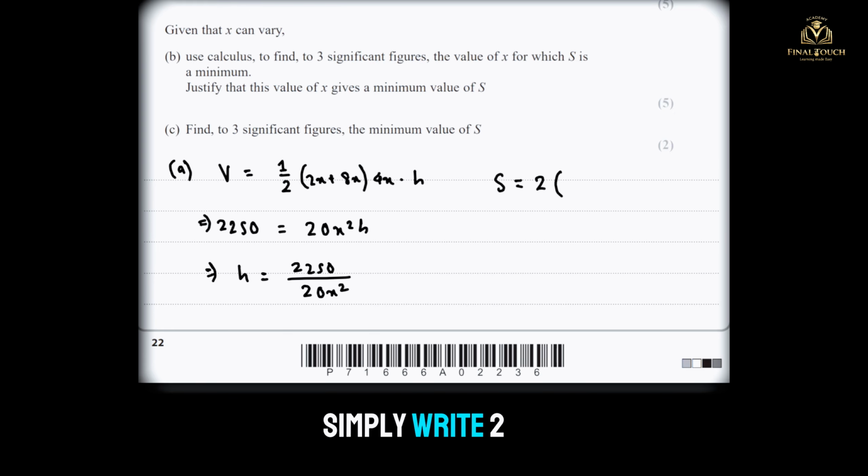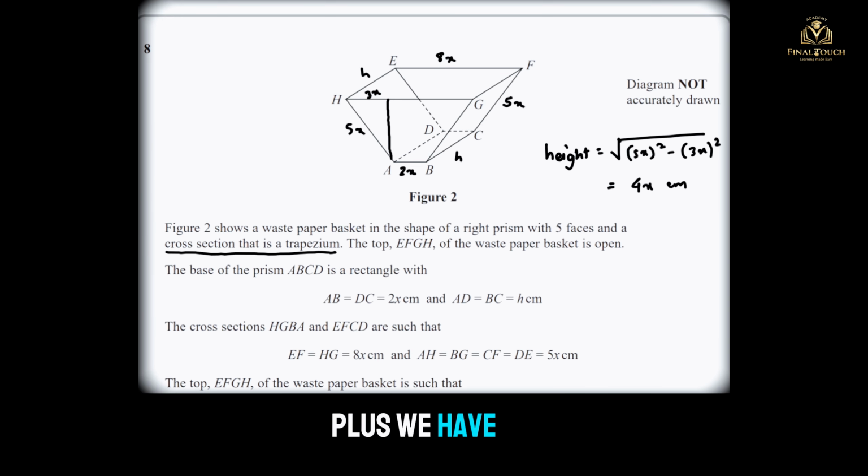So we can simply write 2 into 20x squared, plus we have this part, which is 5x into h.